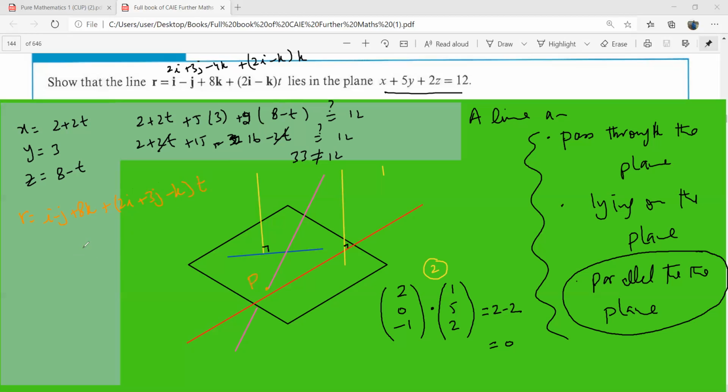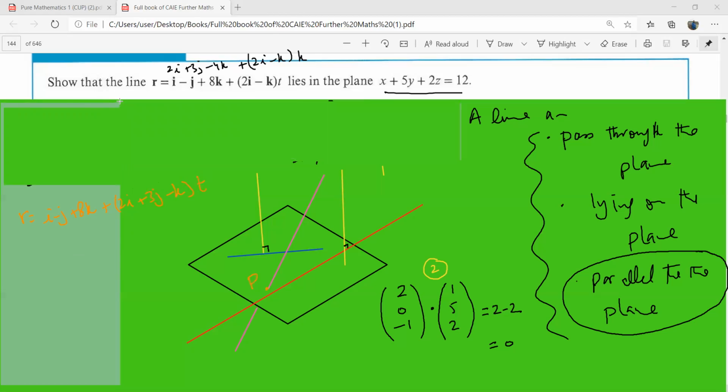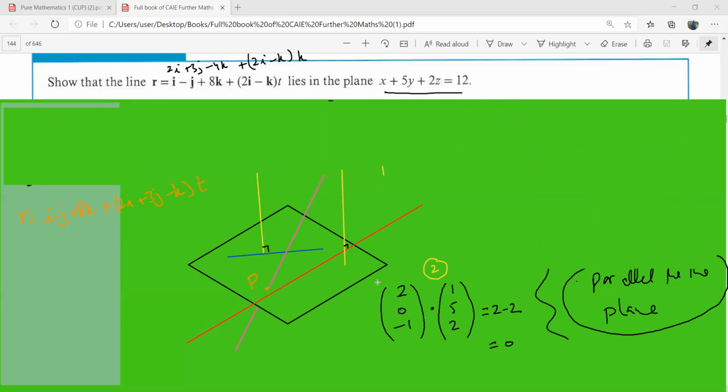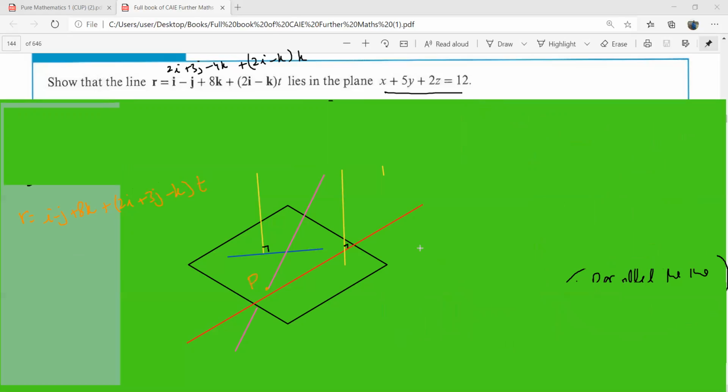Okay? You will substitute the x, y, z from here. Now your x, y, z would be, let me erase this, and erase this as well.